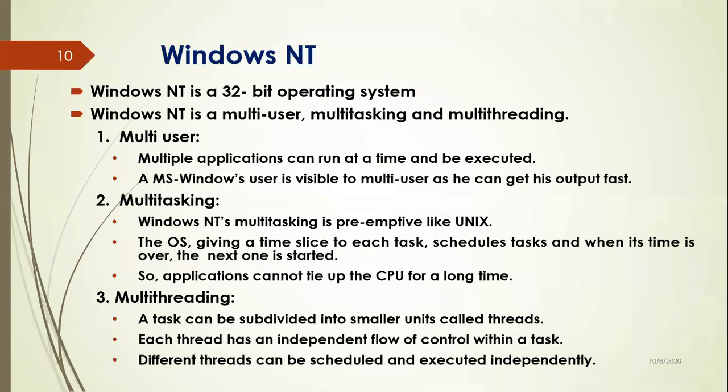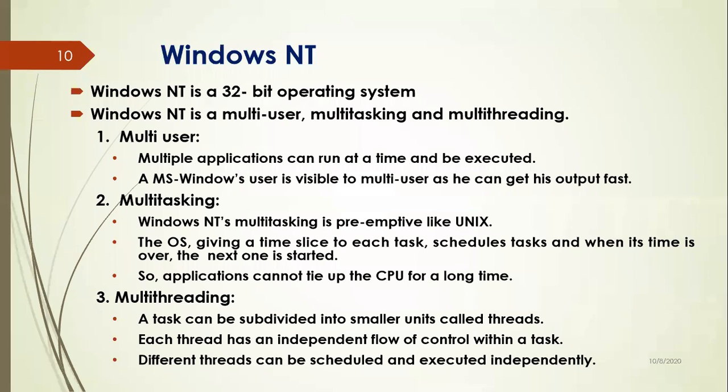Next is multitasking. You can perform multiple tasks at a time. For example, while typing in MS Word, you can listen to music, right? So this means you are running two applications at a time. Multitasking is there. Now multi-threading.